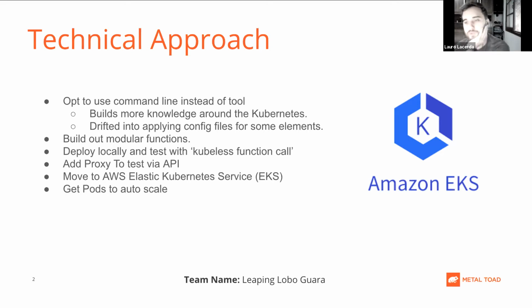We were trying to build modular functions, and we had to deploy them locally to test them. We used the Kubeless function call to deploy locally, and then we moved that to the cloud. We also had a proxy to test via API and move to the AWS EKS service. We also had to learn to get the pods to autoscale, which was a tricky one to learn.